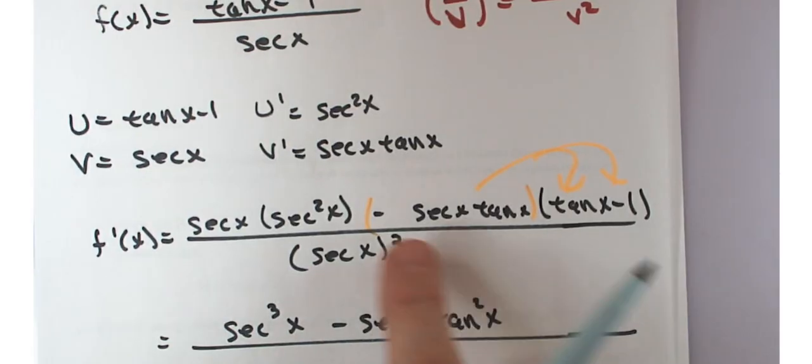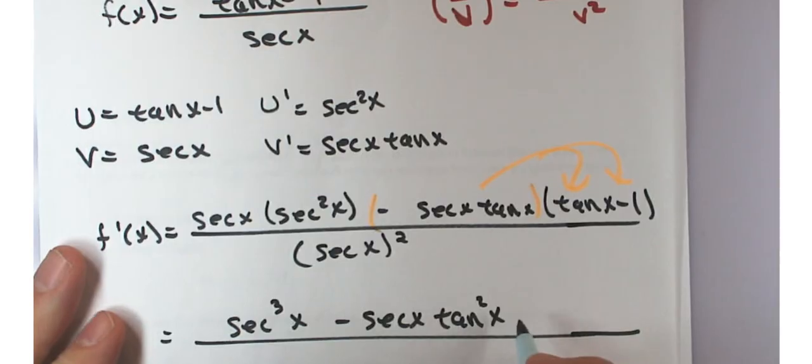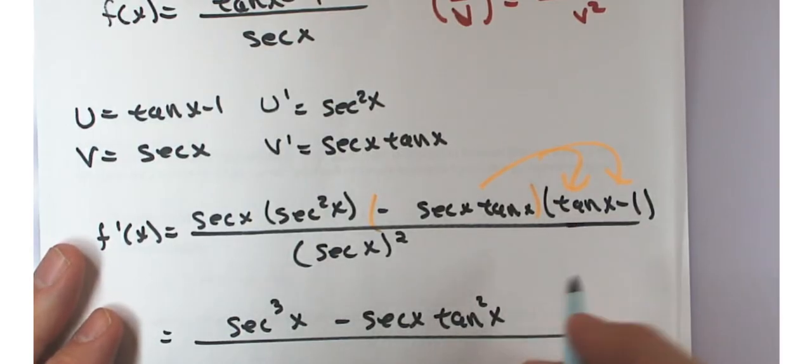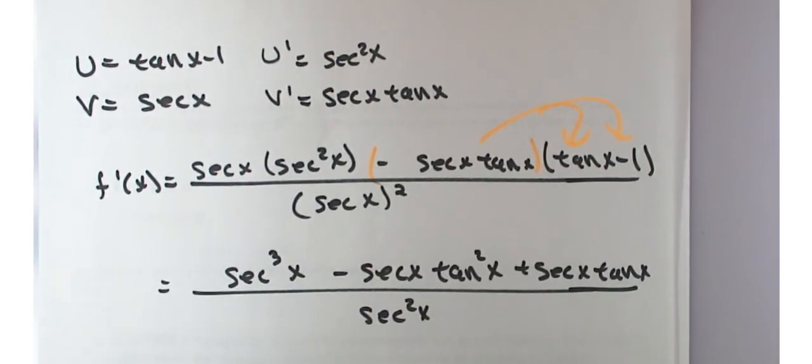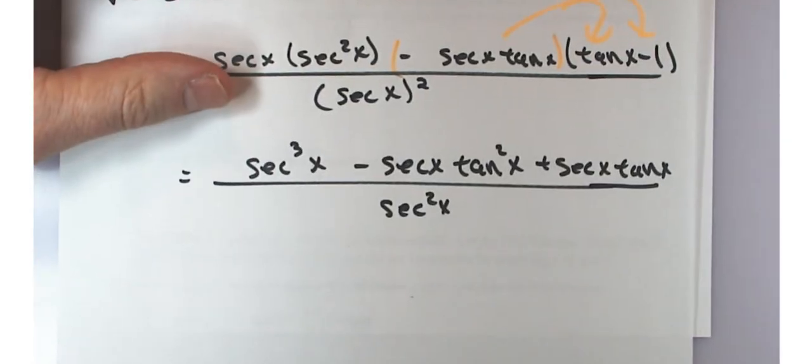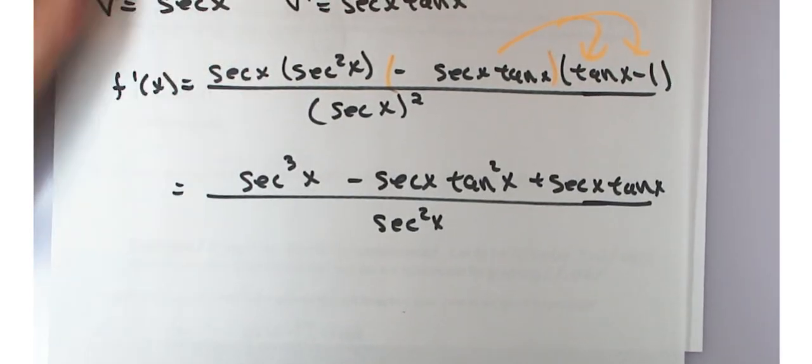And then a minus times a minus gives me a plus. That's going to give me, let's see, a plus secant of x tangent of x over secant squared of x. Looks like a big mess. So right now we're just cleaning it up.